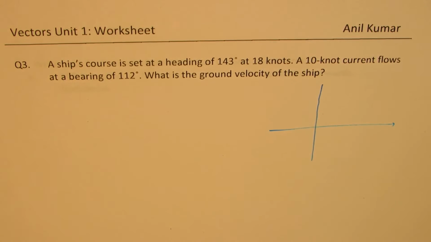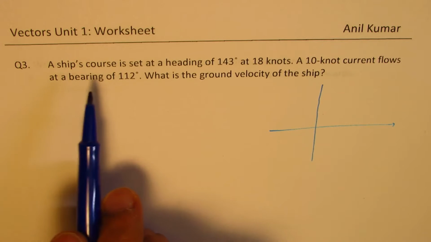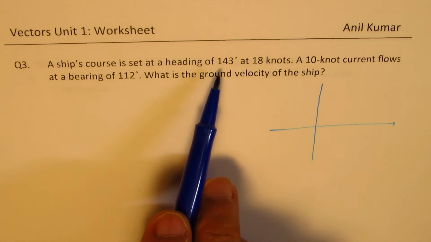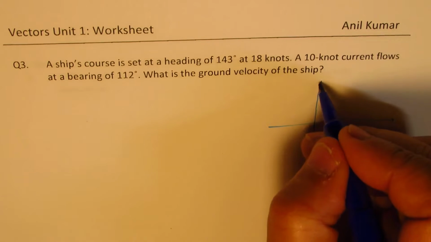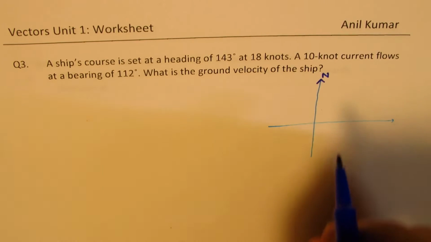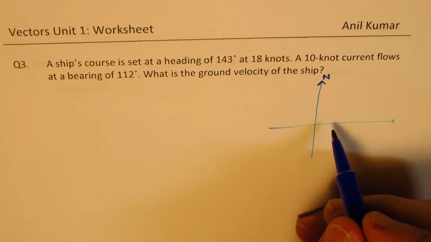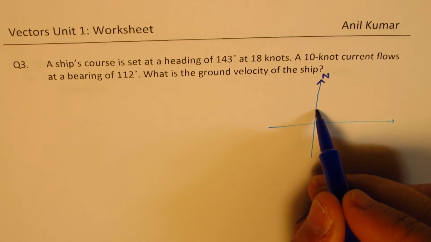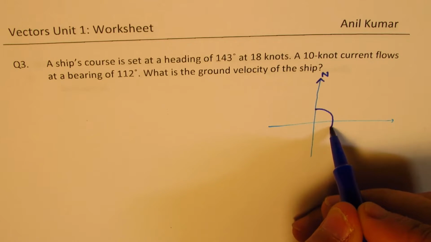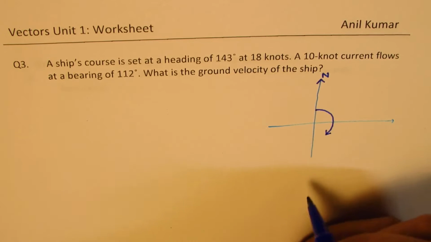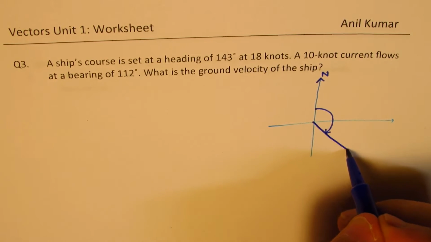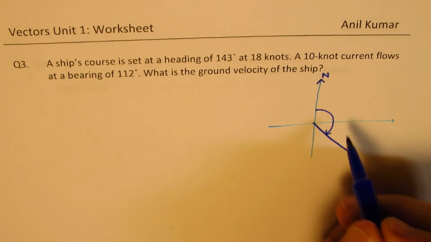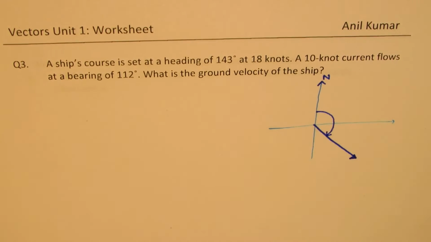So let me first share with you, when we say the ship's course is set at a heading of 143 degrees, it means what? This is always taken from the north, right? 143 means what? 90 plus 53 degrees, right? So we can say from here 143 degrees, right? So this component of the vector can represent 18 knots.